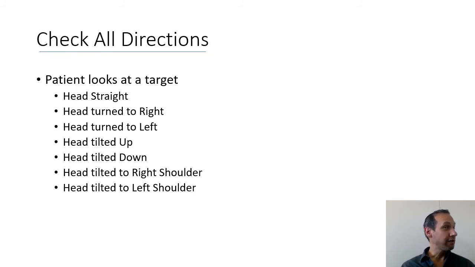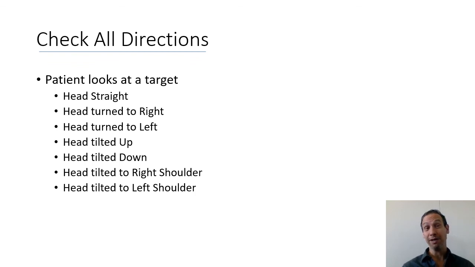Turning to the left, vice versa, with the head up and the head down, looking at that same target, and that would test if there was a third nerve palsy, for example, and with my head tilted to the right or to the left shoulder to detect the slightest evidence of a superior oblique palsy.